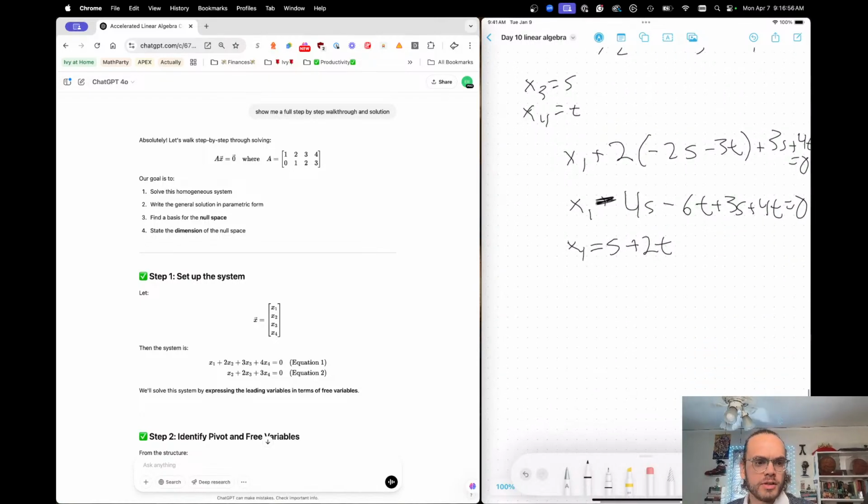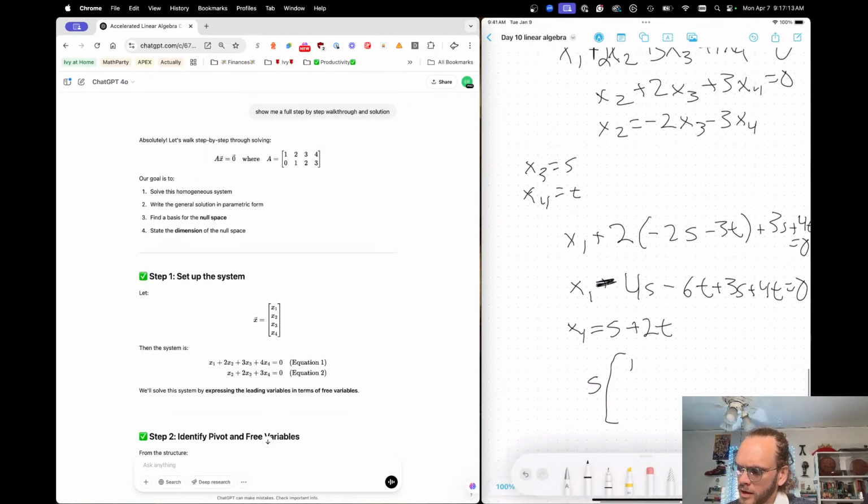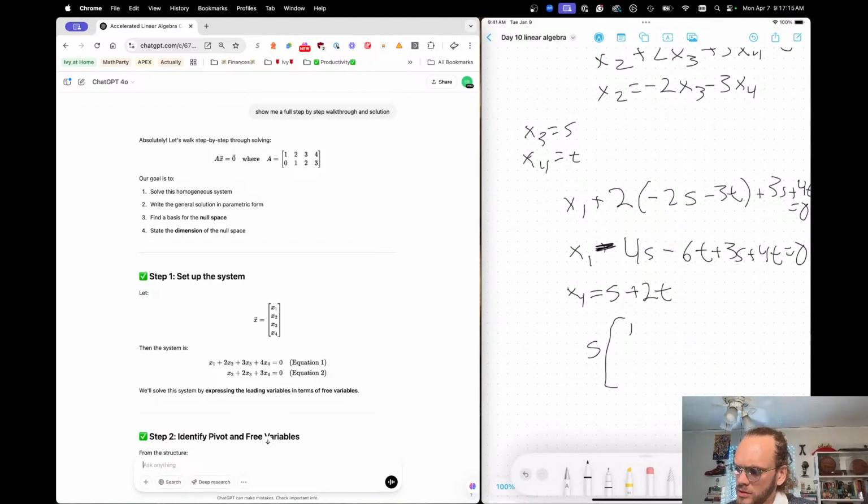And so I believe that the system is going to look like this. I think it's s, and then this is going to be 1. What is it for this? x2 is negative 2. x3 is s1, 0, plus t.